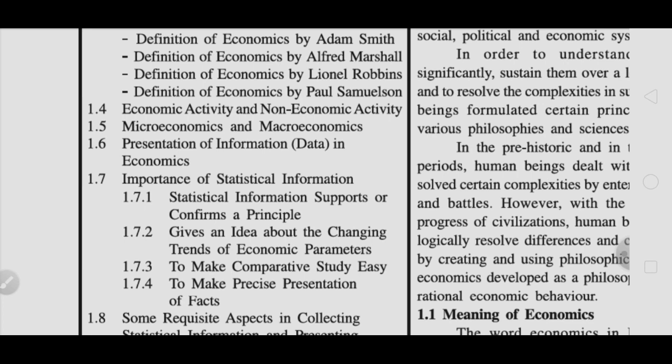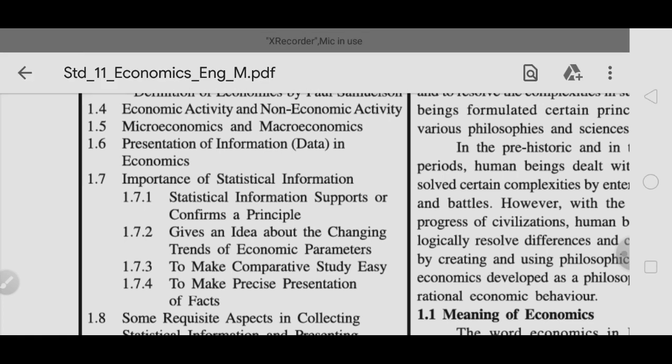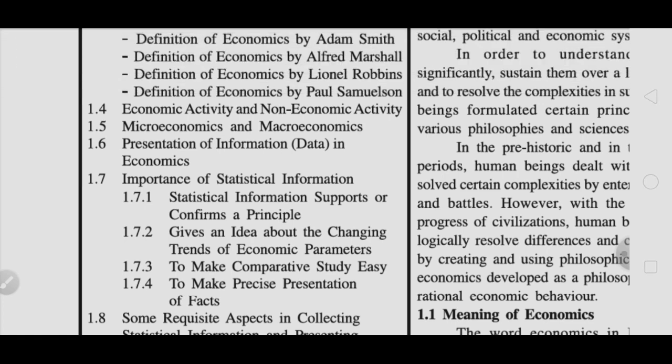So when we discuss the income of a person, it is microeconomics. But when we discuss the income of a whole nation, that is national income, then we are discussing macroeconomic variables.